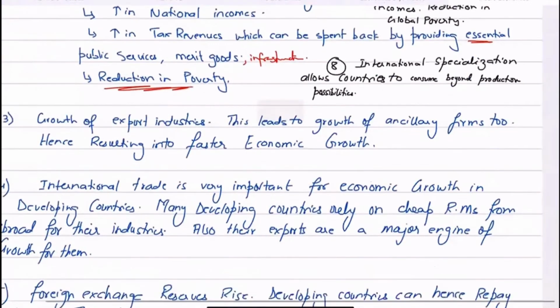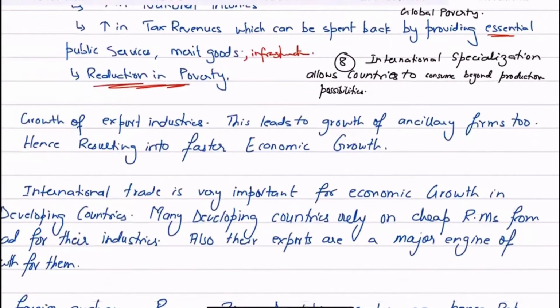Moving forward, remember that if export industries grow, it can also result in external economies of scale, so other industries may end up growing as well. You may see growth of ancillary firms taking place, right? So for example, if Pakistan's agricultural exports grow, what will happen?